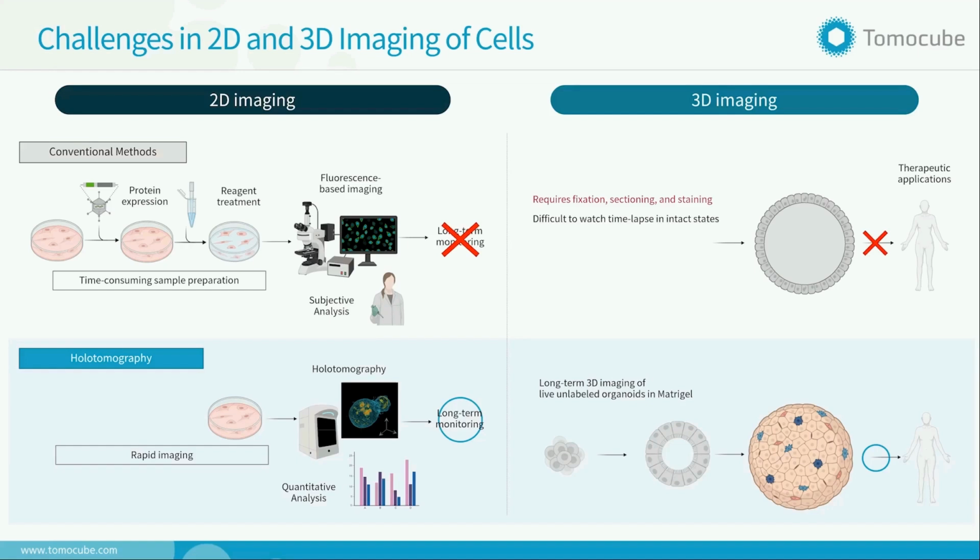Compared to this 2D imaging, when you use the holotomography system, you don't have to worry about the preparation: no staining, no fluorescent protein expression, and no other protocols. So once you have samples, you can easily and rapidly visualize the cell.